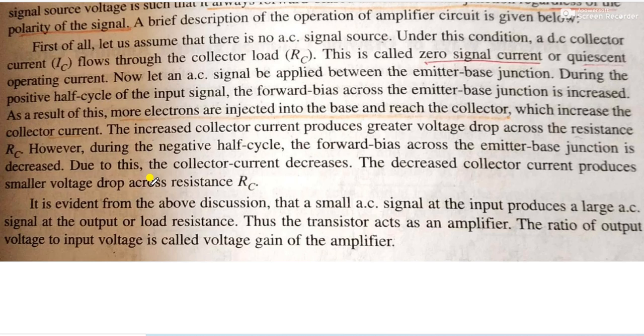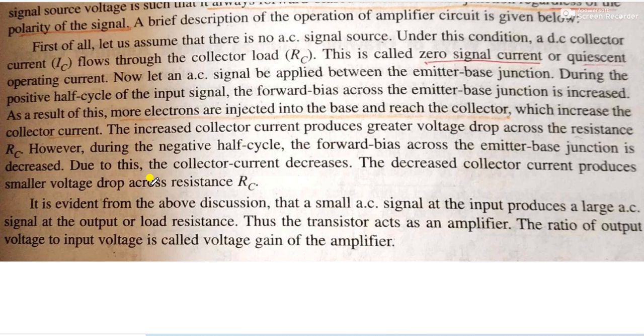So it is evident from the discussion that a small AC signal at the input produces a large AC signal at the output across the load resistance. Thus, in such a situation, the transistor acts as an amplifier.